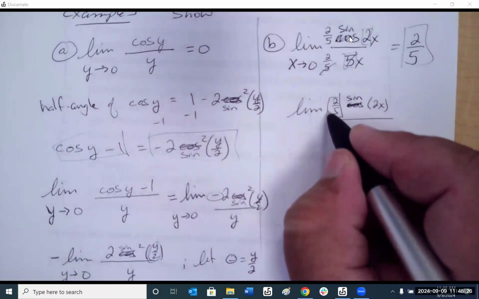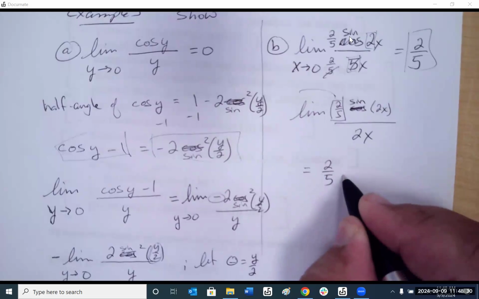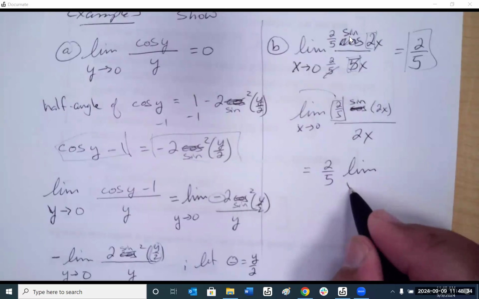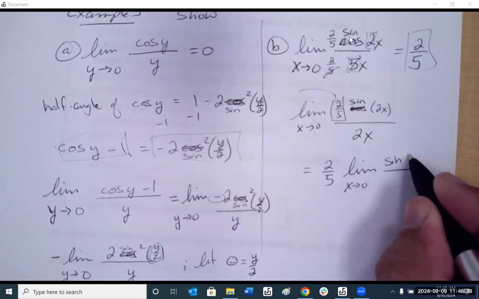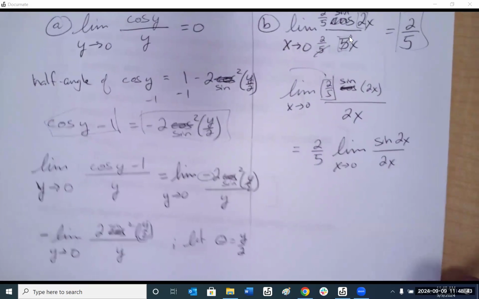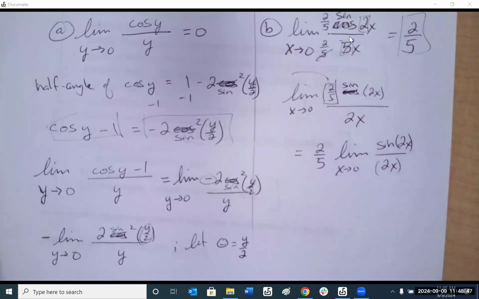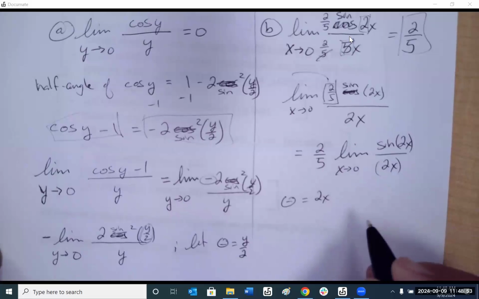This is a coefficient, so it can go out in front. The limit as x approaches 0 of sine 2x over 2x. We let theta equal 2x.